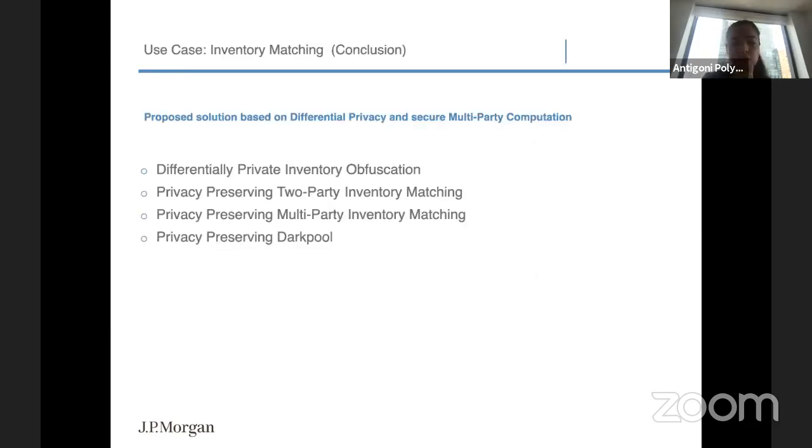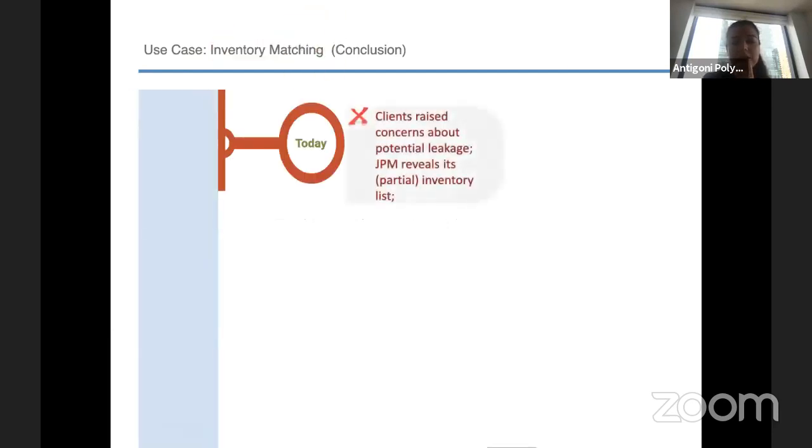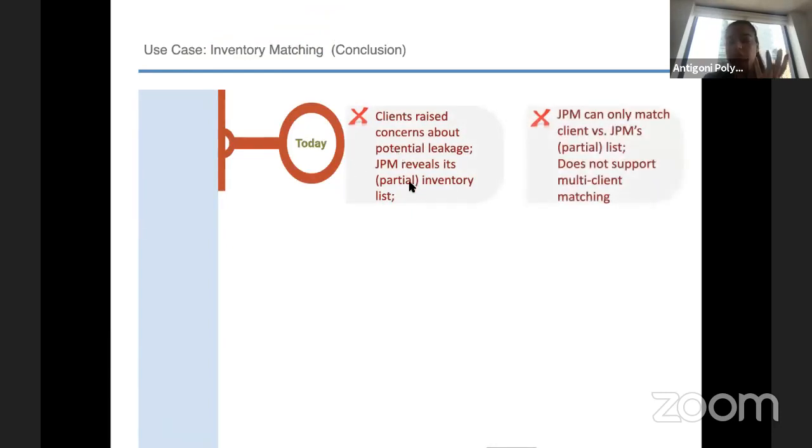Okay, so just to conclude, I showed you this FX matching problem that we have in JP Morgan, and we have solutions to address different concerns that exist with the current process. Basically, here is the summary. JP Morgan reveals its inventory, actually not the full inventory, as I said before.